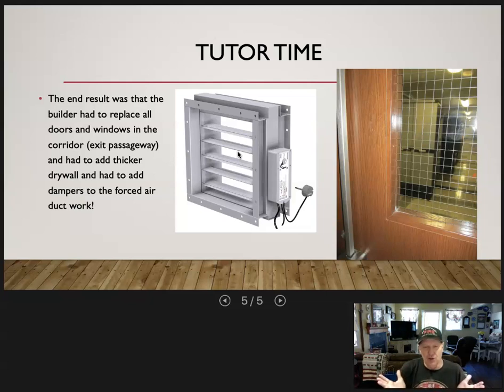They had doors that now they couldn't use, windows that they had to take out and replace, drywall that they had to pull off and throw in the dumpster, and then new drywall they had to put on, and dampers that the air conditioning guy had to come back for, tearing apart every ductwork right where it met the corridor and putting in these dampers. It was a nightmare for the contractor.